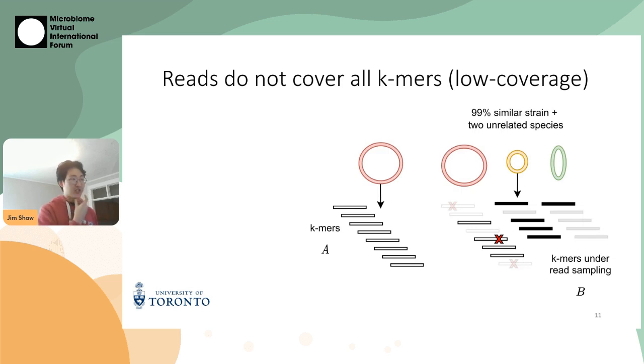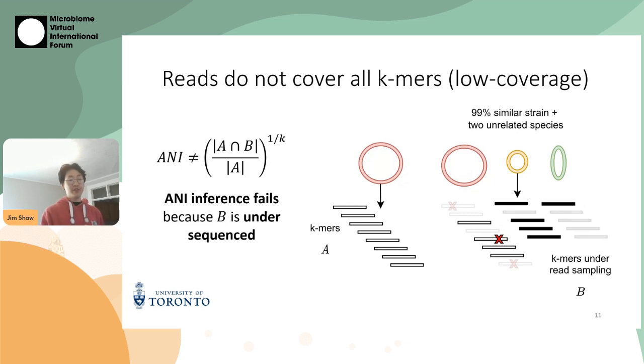The picture I showed you before wasn't completely accurate, right? If I have a metagenome, I don't have all of the genomes. I have sequencing of the genomes inside my microbiome. And what that means is that some of these k-mers will not be sequenced, because if the genome is low abundance, it will have low coverage. So I may not be able to sequence it. That formula I presented before doesn't work because this B over here, this metagenome, is undersequenced.